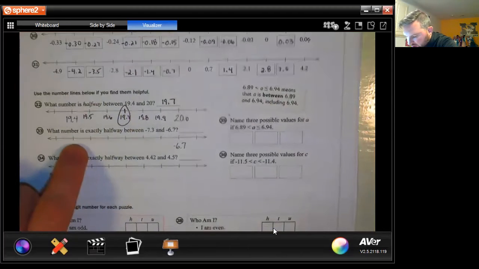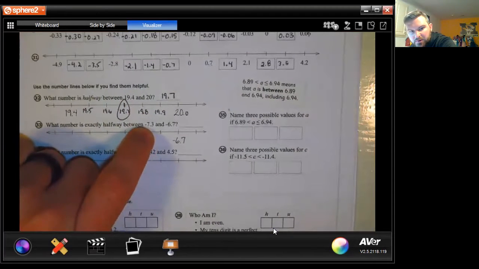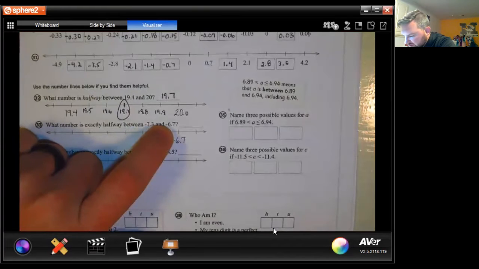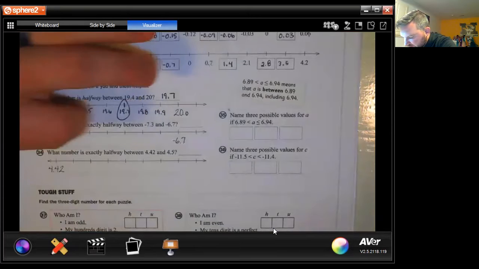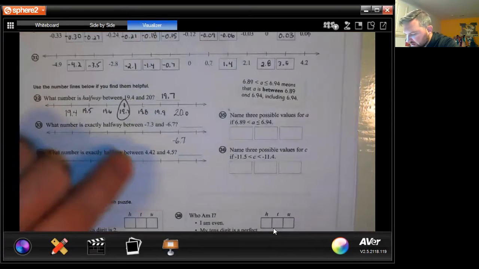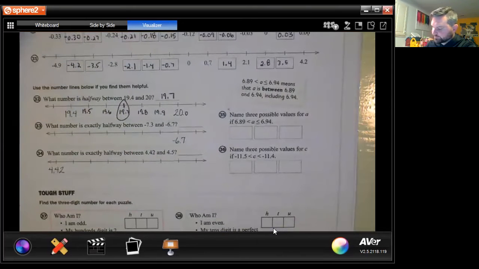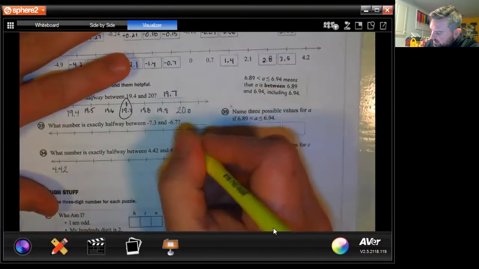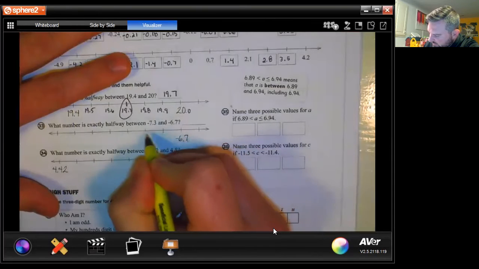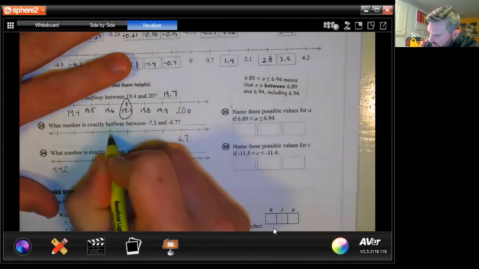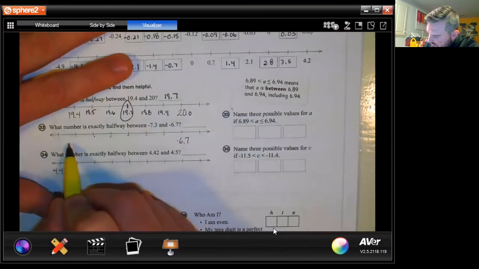Number 33. What number is exactly halfway between negative 7.3 and negative 6.7? They have negative 6.7 here, but they don't have the other number, so we're going to have to figure out a scale that works for us. If I go down by 0.1, sorry, I went the wrong way.